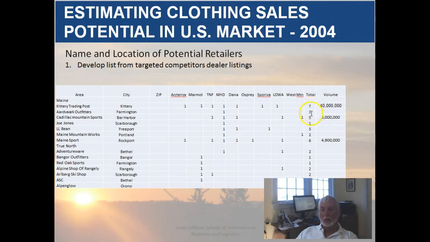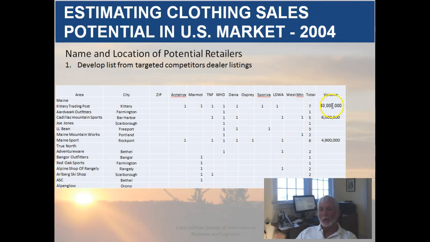I then looked at these dealers and said, anyone carrying three or more of these brands is a potential target because they're selling high-end products. This is all high-end outerwear, packs, boots, and sleeping bags. If they're selling these products, they'll be able to sell my products. They have a market for a high-end product.